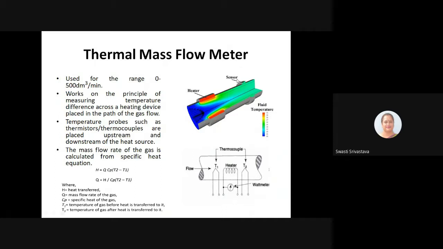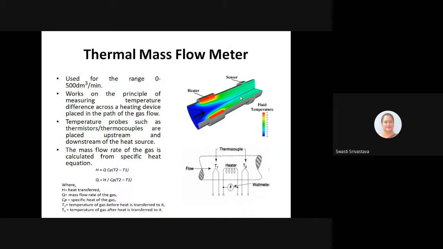The gas flows through this sensor, a heating element is provided here, and as the gas flows through, it is heated up, and the temperature difference across the heating device gives the flow rate of the gaseous components.